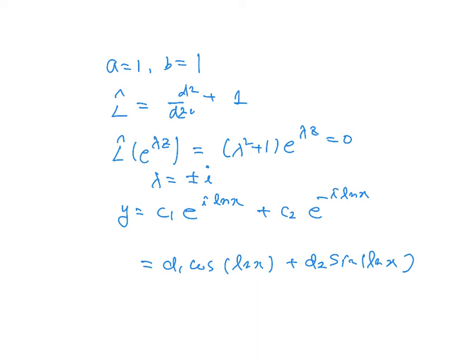So exponential i something can be written as a sine and cosine with different coefficients of course. So this is a tricky case.